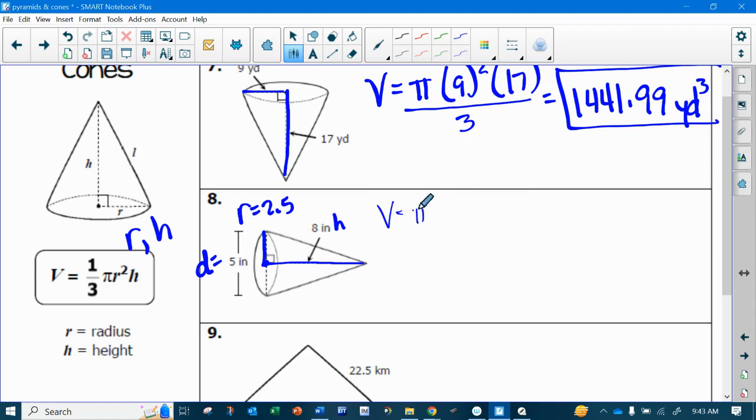Volume is pi r squared times h divided by 3. Pi times 2.5 squared times 8 divided by 3. I'm getting 52.4 inches cubed.